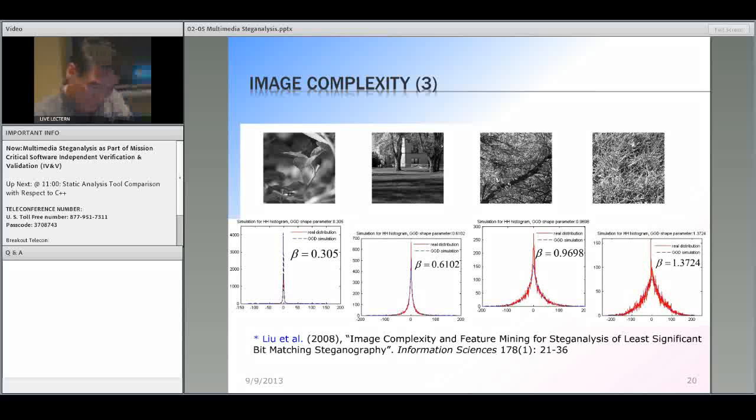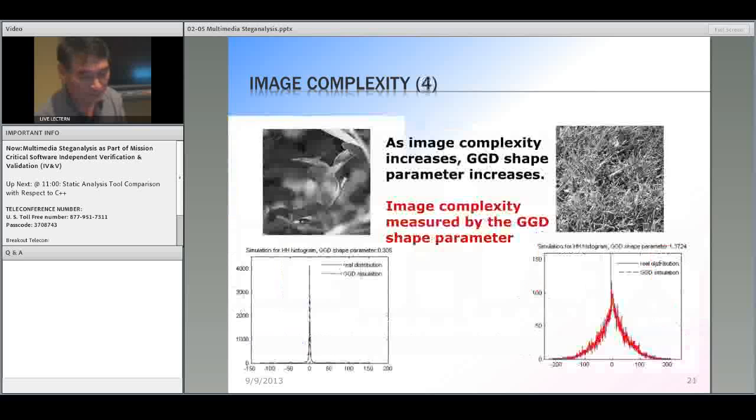And in this paper, we have proposed using this image complexity as a measure to evaluate the effectiveness of detection algorithms. And the higher the complexity of the image, the harder it is to detect anything.